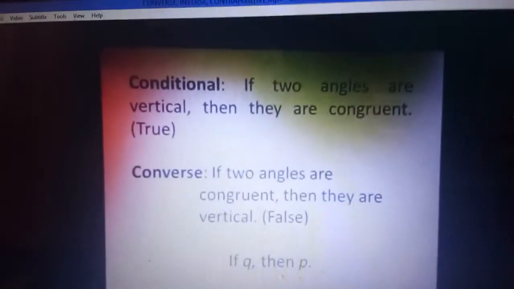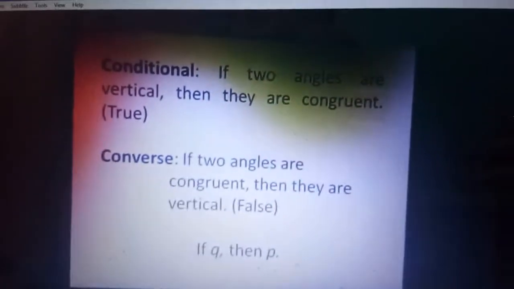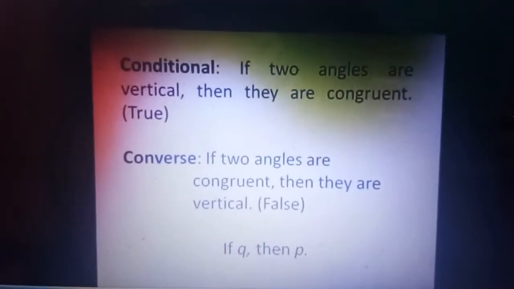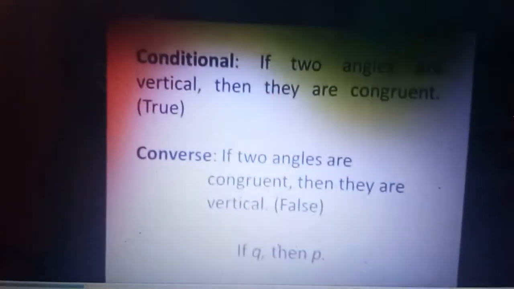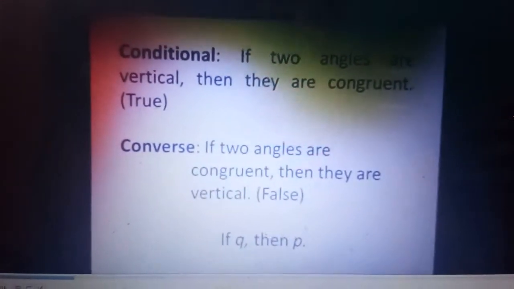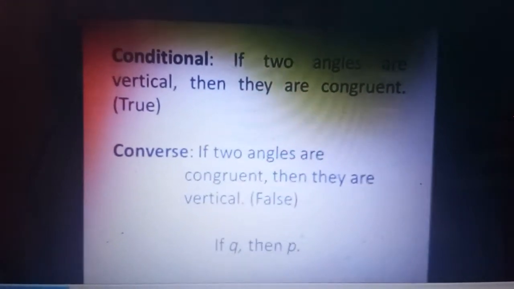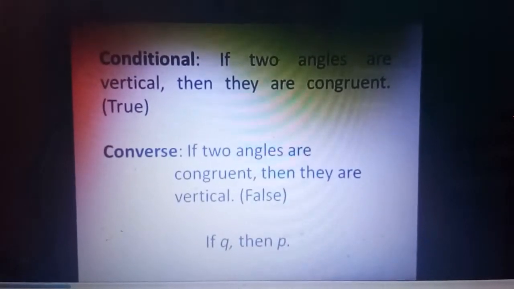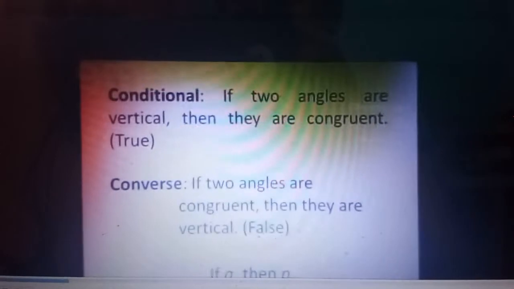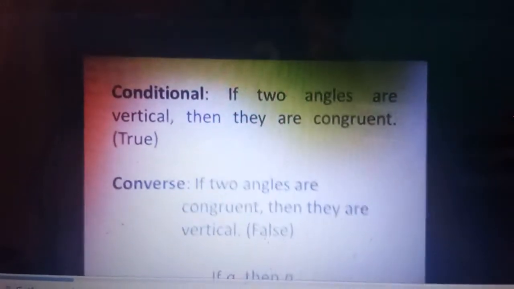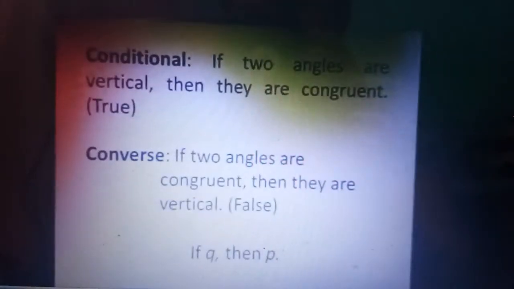Again, the conditional we have is: if two angles are vertical, then they are congruent. So the converse: the hypothesis, if two angles are vertical, becomes the conclusion, and our conclusion, they are congruent, becomes the hypothesis.